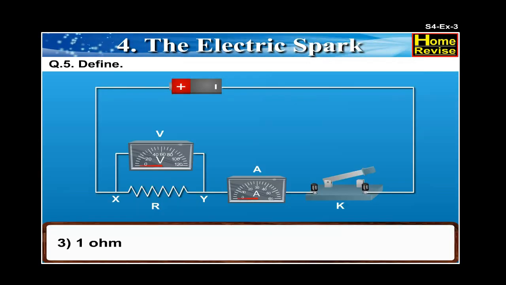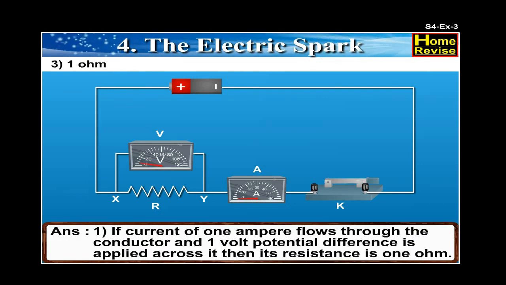Third, 1 ohm. If current of 1 ampere flows through the conductor and 1 volt potential difference is applied across it, then its resistance is 1 ohm.